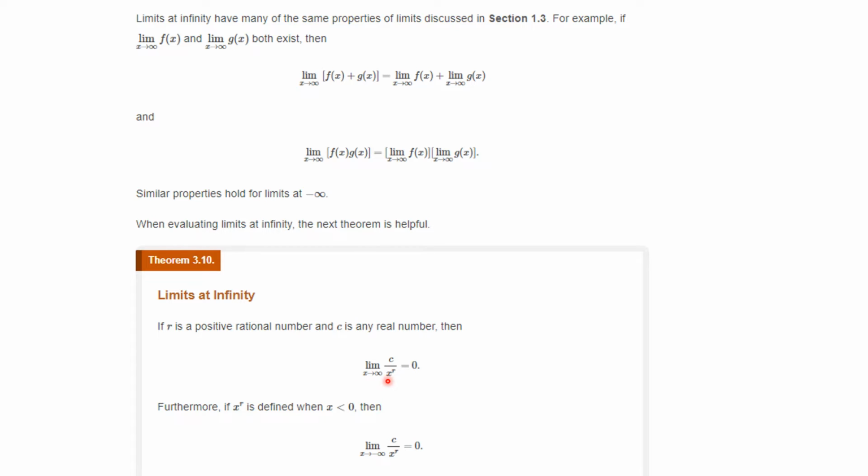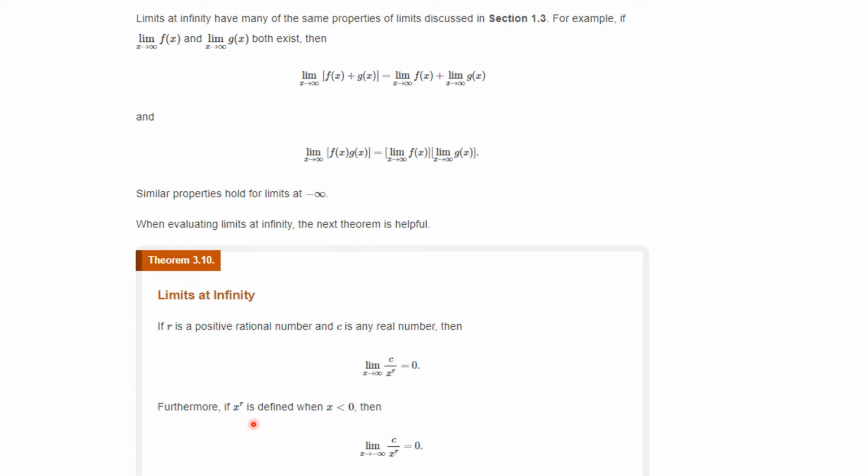Now you see there's no x in the numerator, and our conditions on this exponent mean that this is going to get bigger and bigger in the denominator. This is going to be denominator heavy, and since you're bounded by c in the top, eventually the quotient is going to get very close to 0 as x gets large.